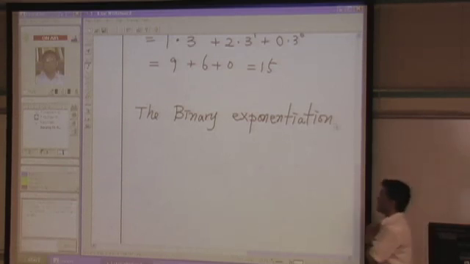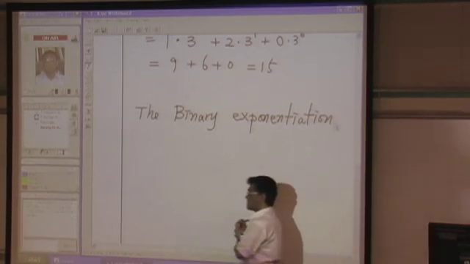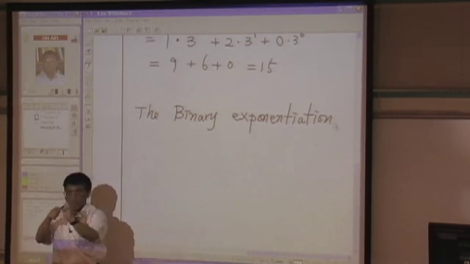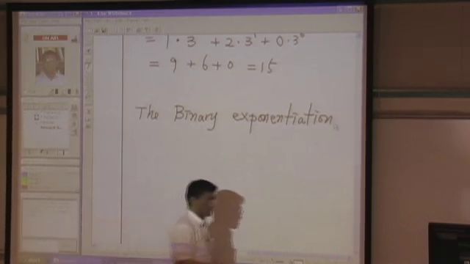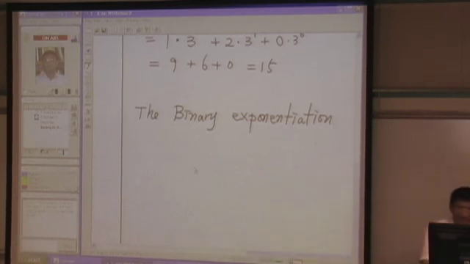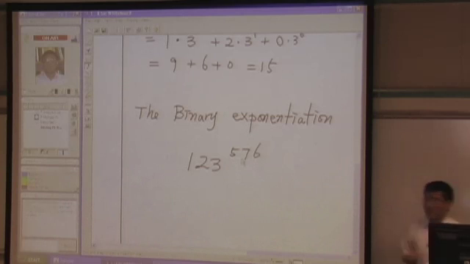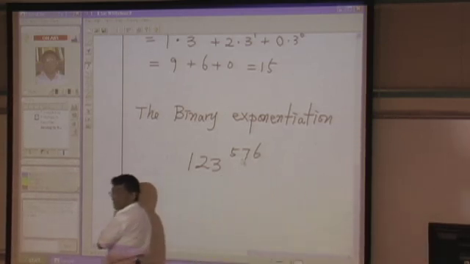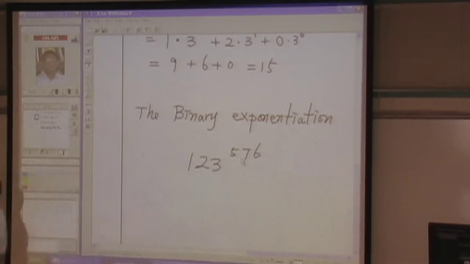Binary exponentiation is necessary because immediately after this, we will begin to cover a to the power of some number. For instance, we will begin to cover something like this. 123 to the power of 576, right? So we will cover this kind of calculation.